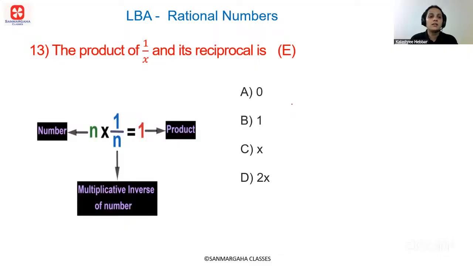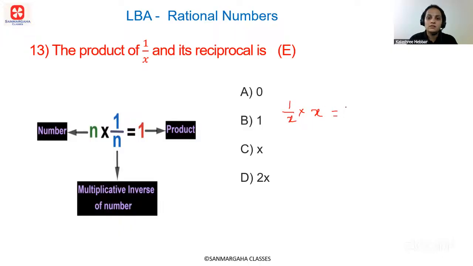Question number 13. The product of 1 by x and its reciprocal is. So the product of 1 by x and its reciprocal: 1 by x into the reciprocal of 1 by x, that is x, right?